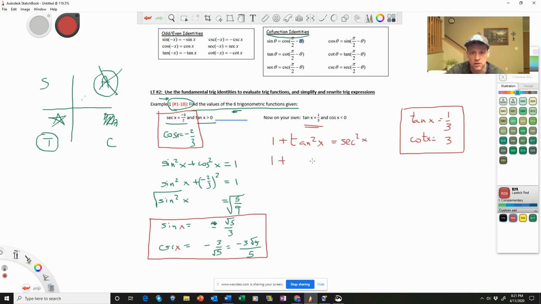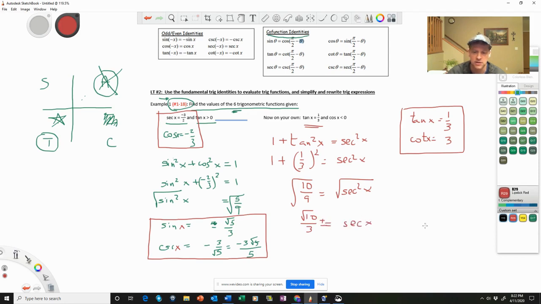Now we know that the tangent is 1/3. And therefore this will allow us to find the secant without really drawing the whole triangle. So squaring that gives you 1/9. 1 plus a 9th will give me 10/9. And taking the square roots, this will give me √10/3 equals the secant of x.